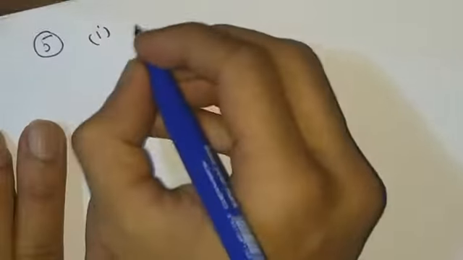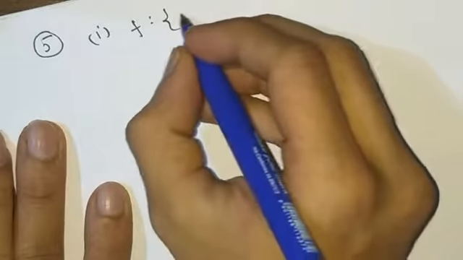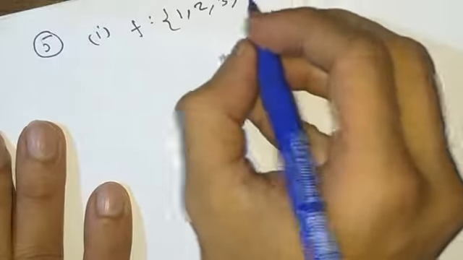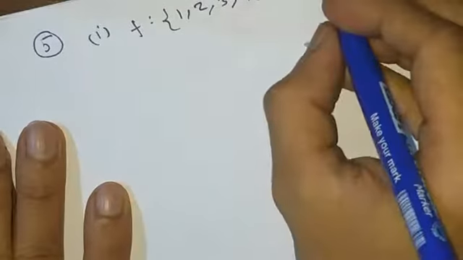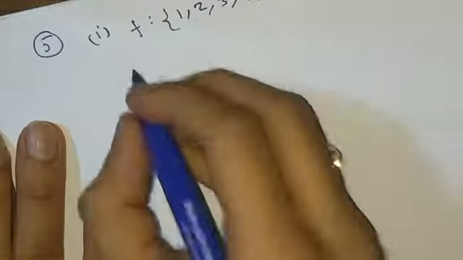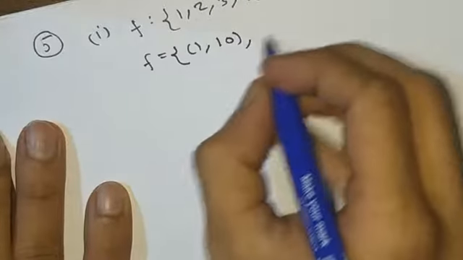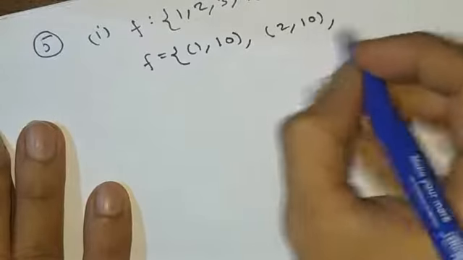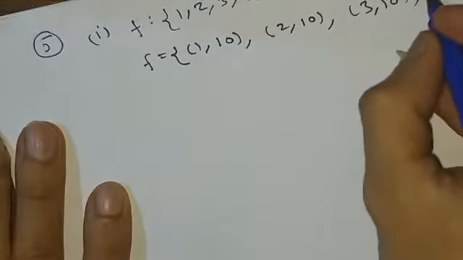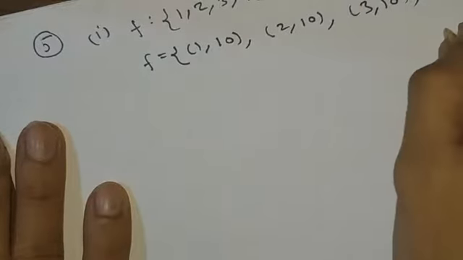Now the first function here is given as f from the set {1, 2, 3, 4} to the singleton set {10}, and the function f is defined as this: (1, 10), (2, 10), (3, 10), (4, 10).